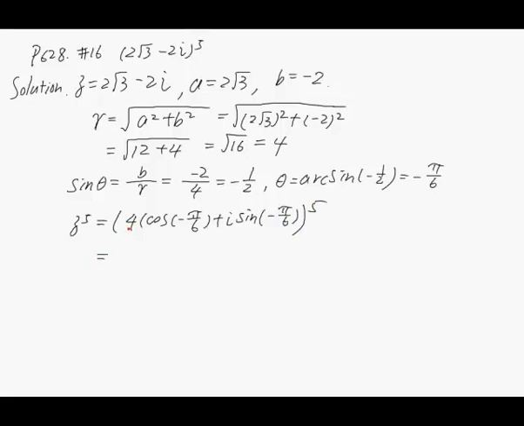So we first get the fifth power of this modulus, so it's 4 to the 5th. And then you get n times the argument. So 5 times negative pi over 6, you have negative 5 pi over 6. And you have i times sine of negative 5 pi over 6.